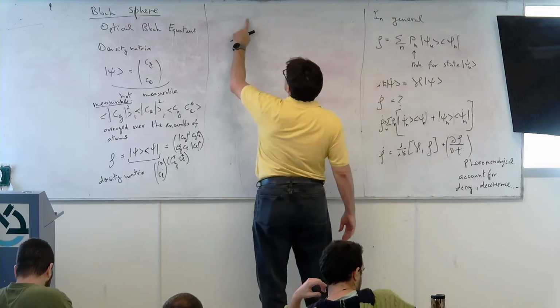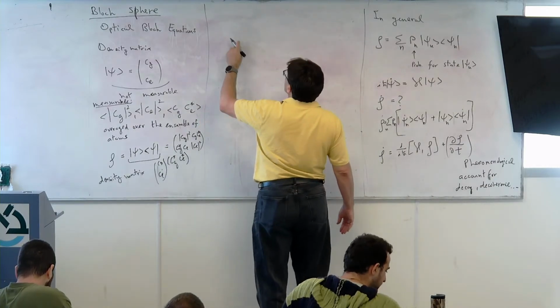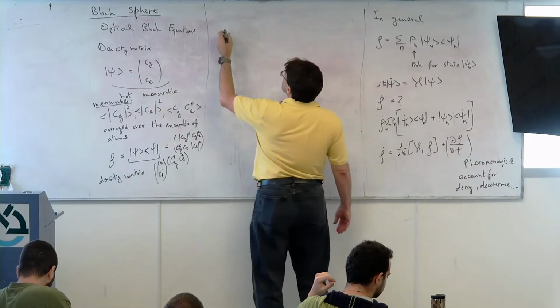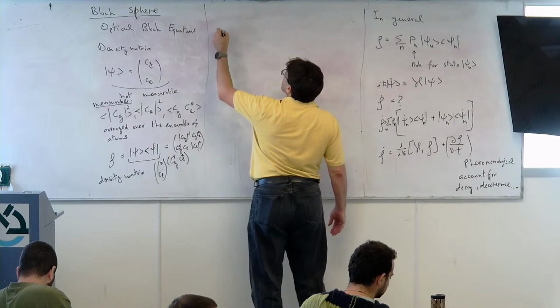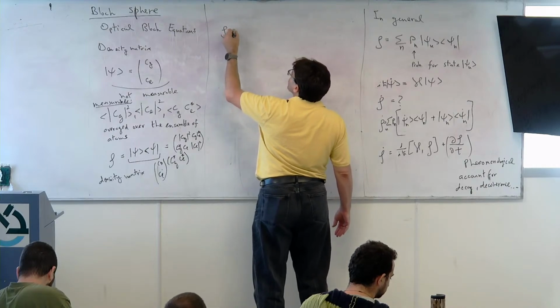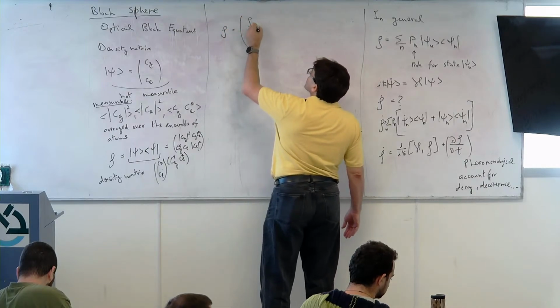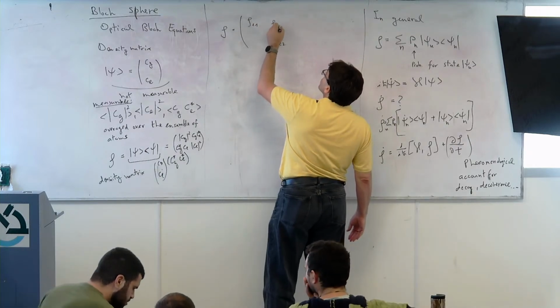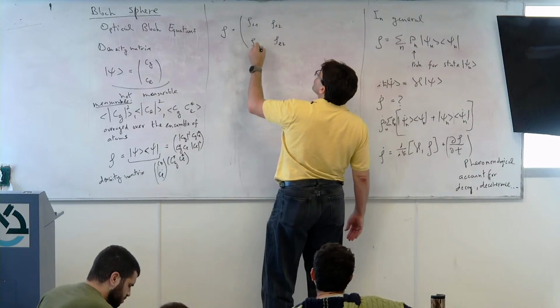So I'll look at the density matrix rho, and this is rho 1 1, rho 2 2, rho 1 2, and rho 2 1.